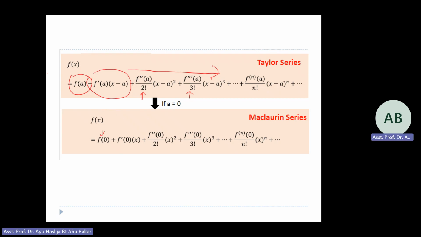So truncation error. Truncation, what does it mean? The word truncation itself. You truncate.